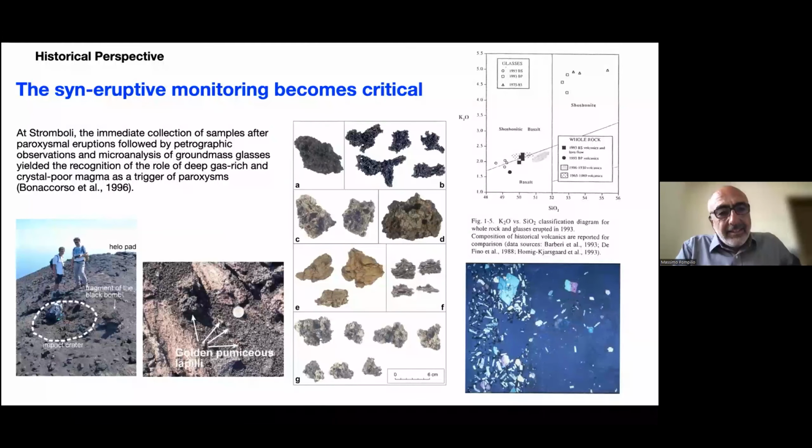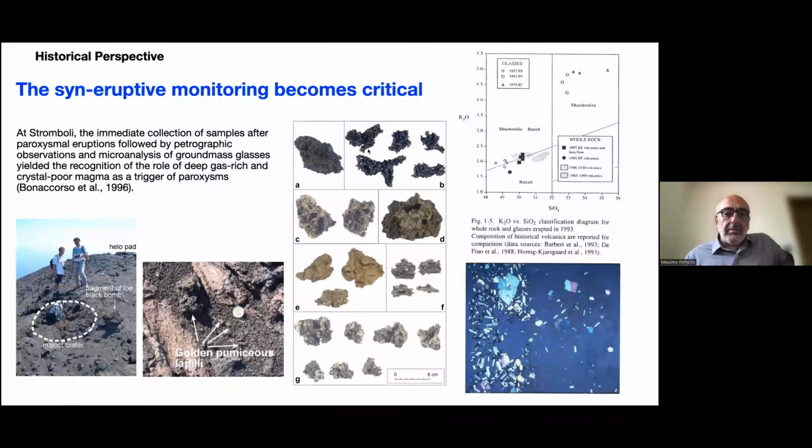Another important thing is that sometimes the scenario monitoring becomes really critical. In particular, at Stromboli, the immediate collection of samples after a paroxysmal eruption, just immediately after, also allowed us to recognize two different kinds of magma.